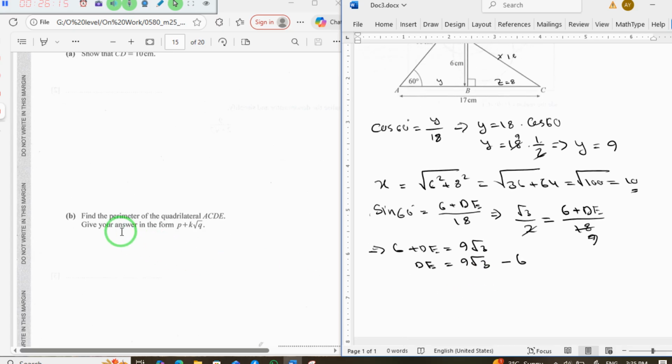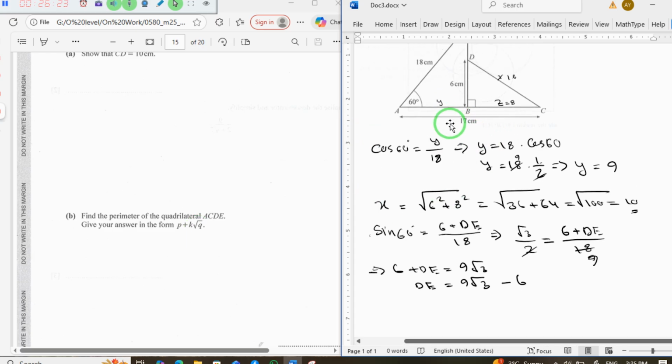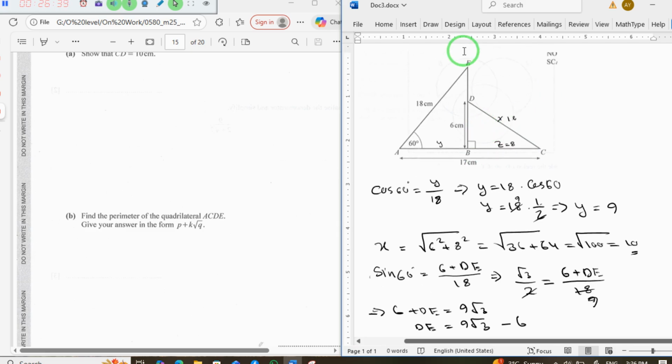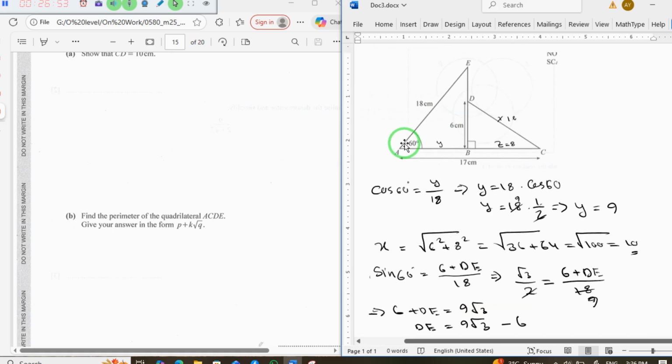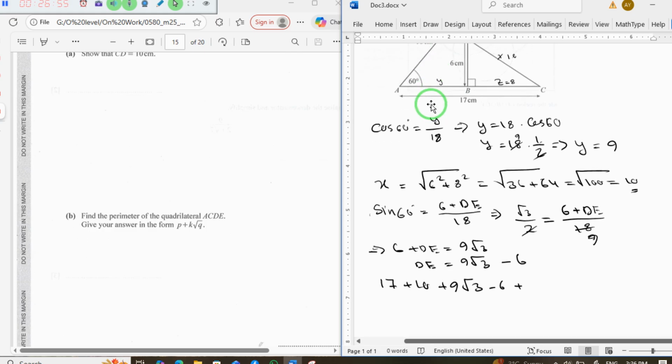Now we find the perimeter of the quadrilateral, which is the total length of its sides. We have 17 plus x, which we calculated as 10, plus DE, which is 9 square root of 3 minus 6, plus AE, 18 centimeters. So it is the perimeter of this quadrilateral.